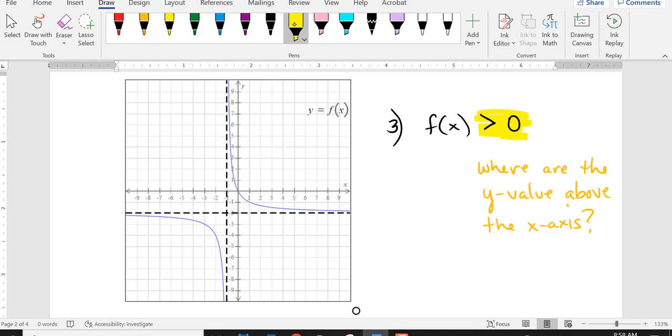All right, y values above the x-axis are here, right? So it can't be at -1, and then it also can't be at 0, but it's all of those x values between -1 and 0.